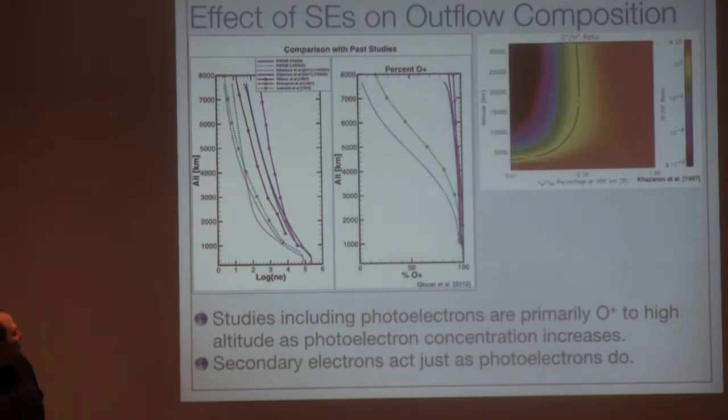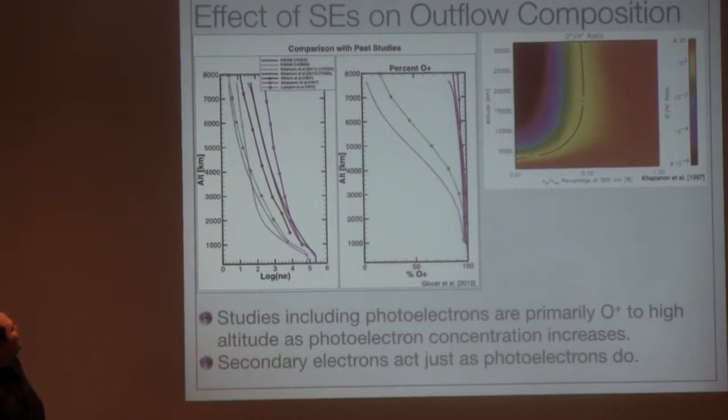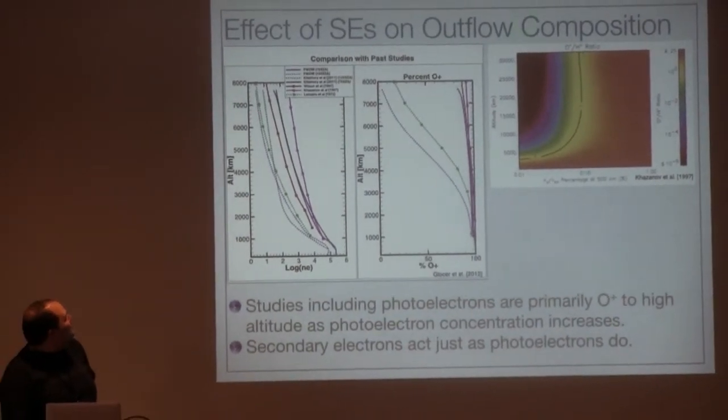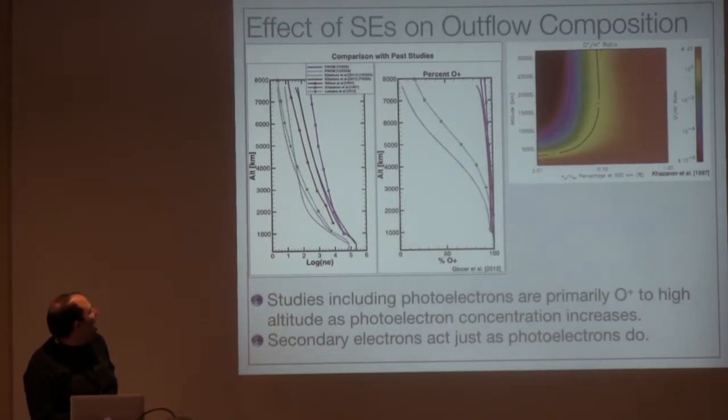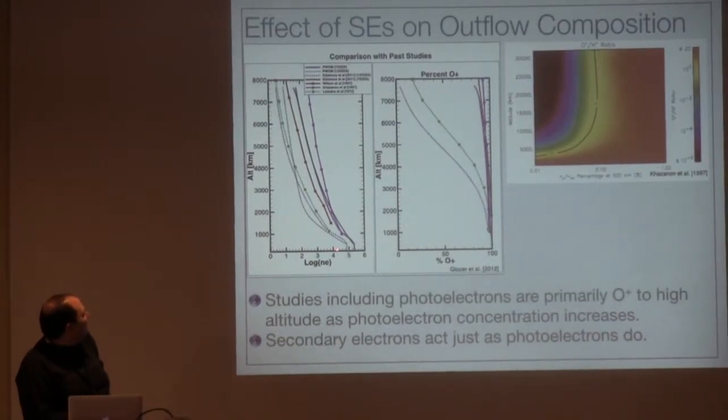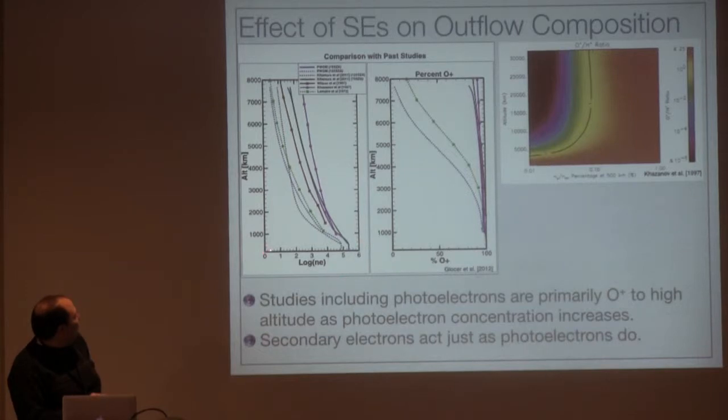So what we did is we compared our results with some past studies, with the study of Gordon Wilson in '97 and with George Kozanov's '97 paper. On the left, this is just the altitude profile of the log of the electron number density. The blue is our model, the black is the data, the purple is from Kozanov's study, and the red is from Gordon Wilson's study.